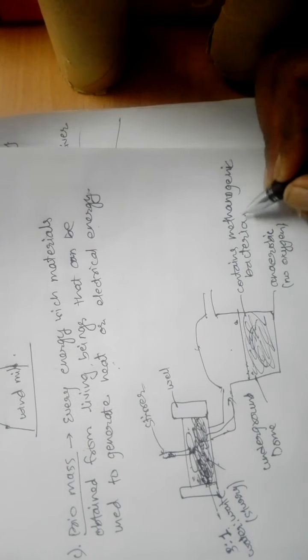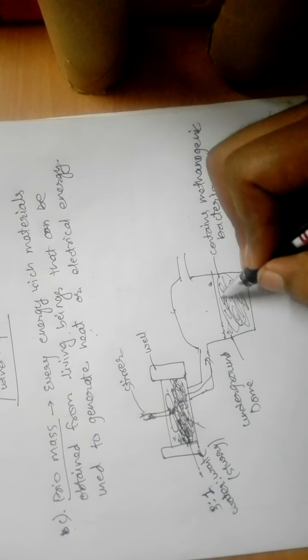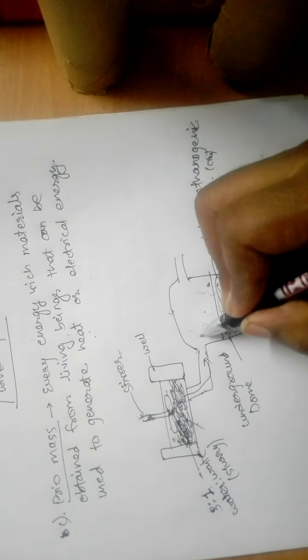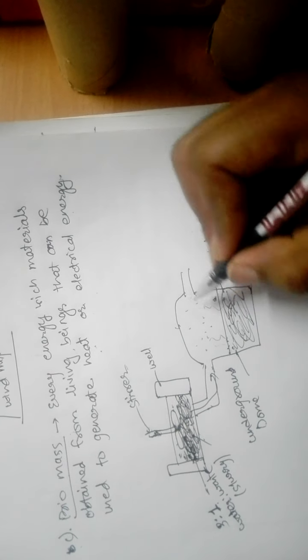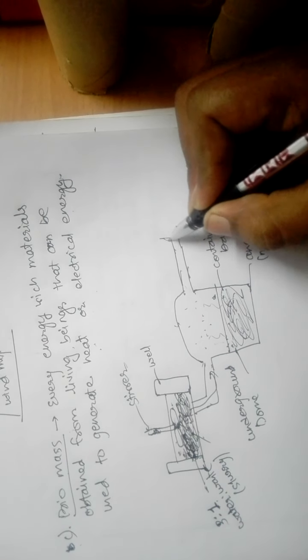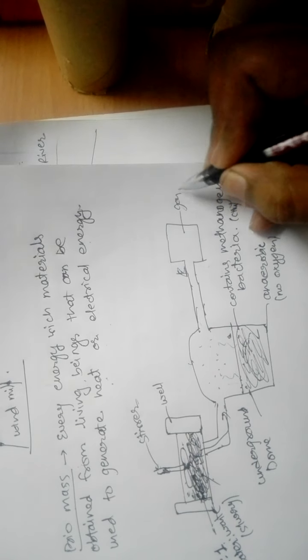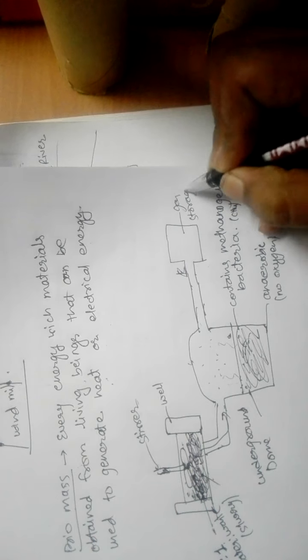Methane means CH4 gas. Okay, and we know CH4 is combustible gas, and as they produce methane gas, the methane is released and stored in this dome. Okay, from here gas is passed to another chamber where it can be stored. Okay, this is the gas storage chamber.